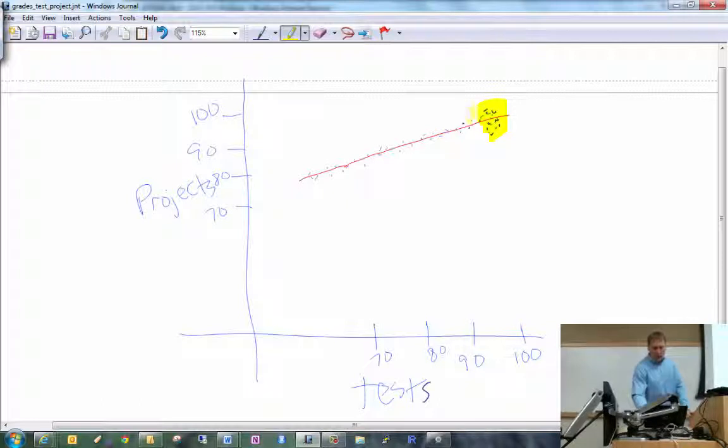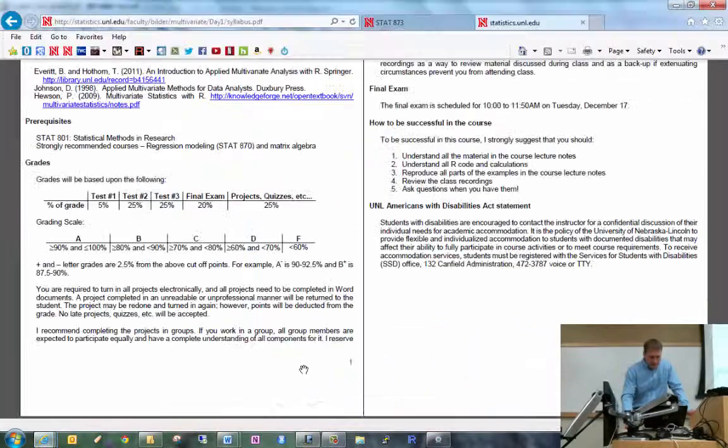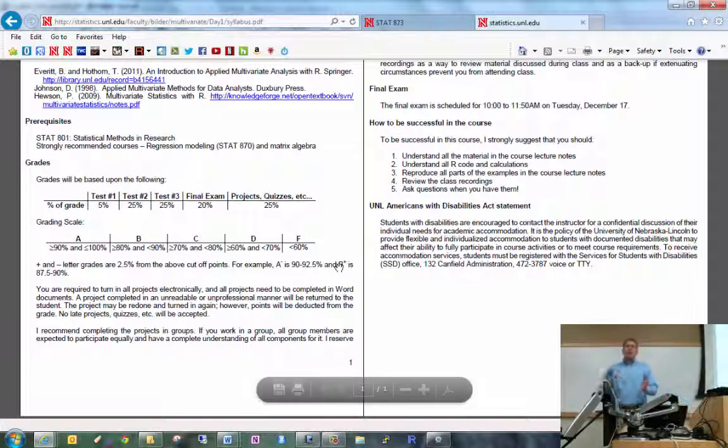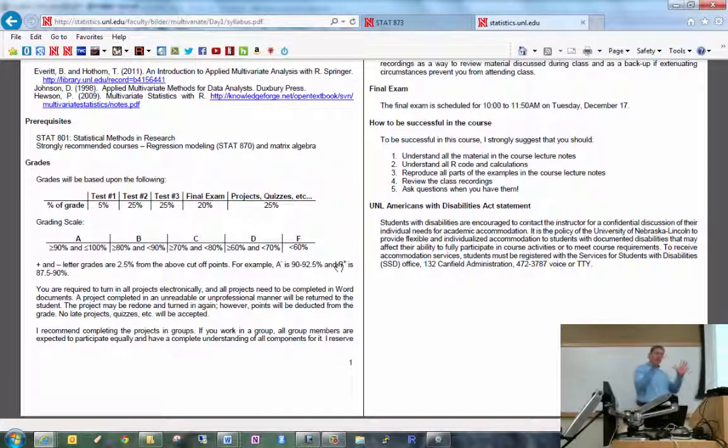But as a student's project grade gets lower, we can see that their corresponding test grade drops more than the same amount of drop with the project's grade. So what that means is that typically students will score higher, sometimes even much higher, with the projects than they will with the tests.